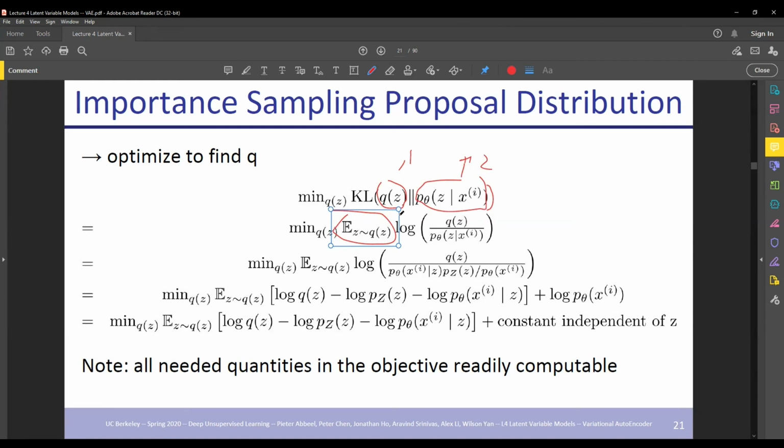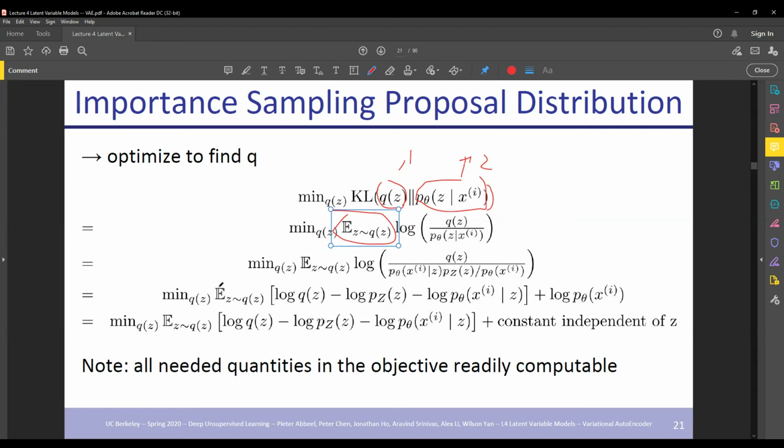And these are just mathematical derivations: the minimum over Q of Z of the expectation under Q of Z of the log of a ratio with P theta Z given Xi. From Bayes' equation, you can write it this way, and you can simplify the log of the ratio to be subtractions. But because P theta Xi is in the denominator here, it goes to the numerator, and so it becomes an addition.